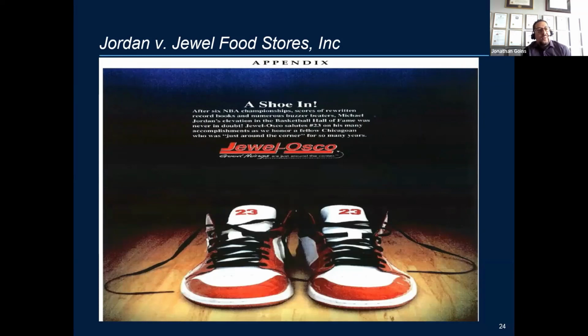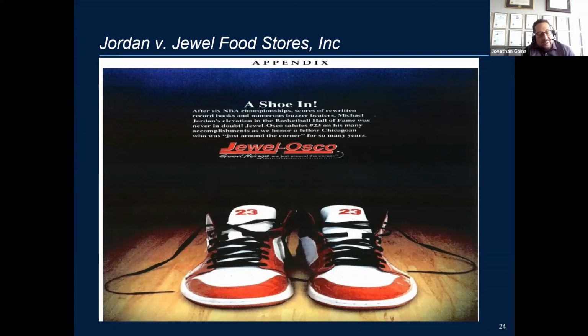His issue was the use of the shoes, the number 23, and the linkage of his name specifically to Jewel Osco's own trademark logo, and also the phrase "just around the corner." If I were to blow this up, that advertising tagline is actually part of the trademark logo itself, underneath the Jewel Osco name: good things are just around the corner.